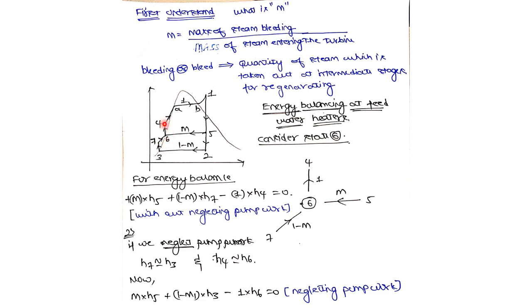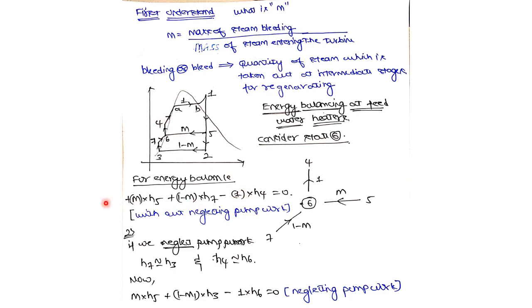So 1 minus m here and m here. When you add those two, it will become 1, because m and minus m cancel. So the whole thing from 6 to 4, 4 to A to B to 1 and 1 to 5 has a mass flow rate of 1. So from 4 to 6 it is again 1 into H4, which is negative because it is outgoing.